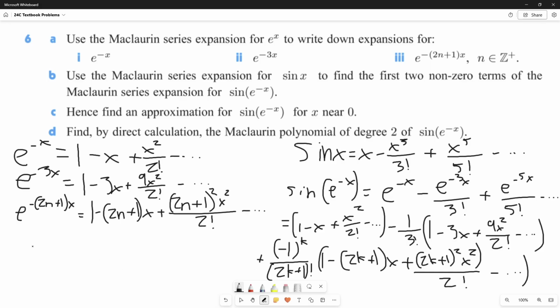And for the first one, we're going to write our first two non-zero terms as summations. So the first one, from k equals 0 to infinity, we take up an infinite amount of these first terms, and it's just going to be negative 1 to the k times 1 over (2k plus 1) factorial, because that's at the beginning, and then we just multiply by 1 every single time, so we do nothing here.